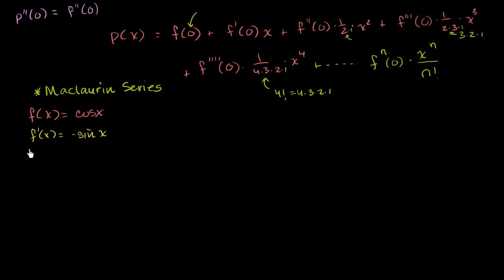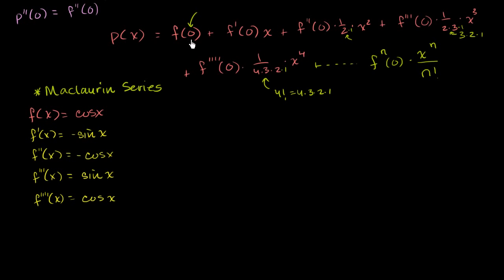If we take the derivative of that, the derivative of sine of x is cosine of x, but we have that negative there, so it's negative cosine of x. If we take the derivative of that, this is the third derivative of cosine of x, now it's just going to be positive sine of x. And if we take the derivative of that, we get cosine of x again. This is the fourth derivative. I shouldn't use this notation, but you get the idea. We'll get cosine of x again.